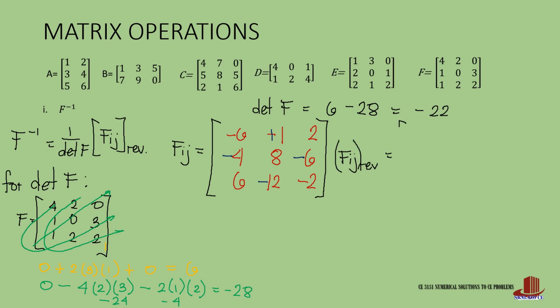In order for us to reverse our matrix, we are going to keep our diagonal just the same. So that would give us -6, 8, and -2. The others would have to take each other's places. So working with the first two, that would be +1 and -4.